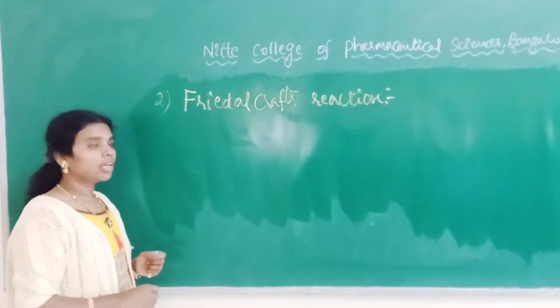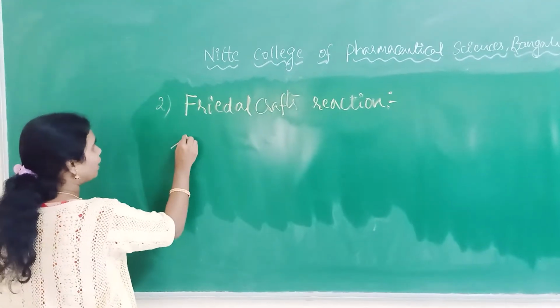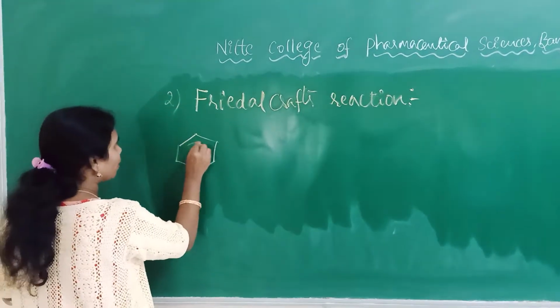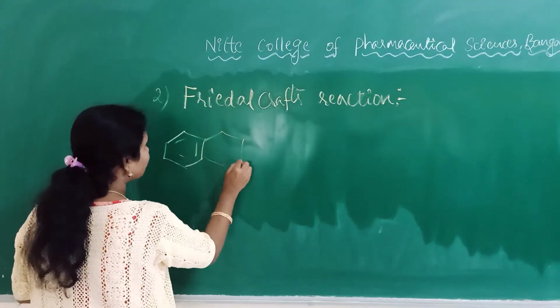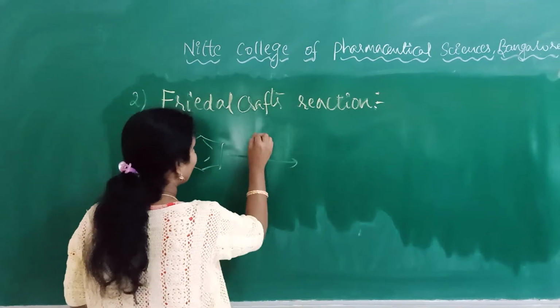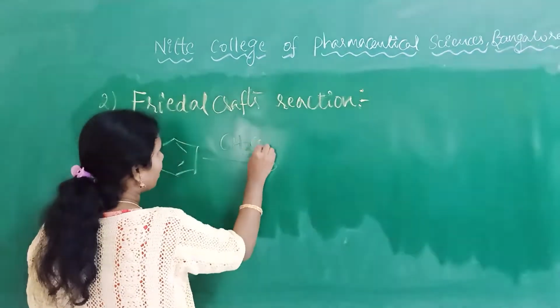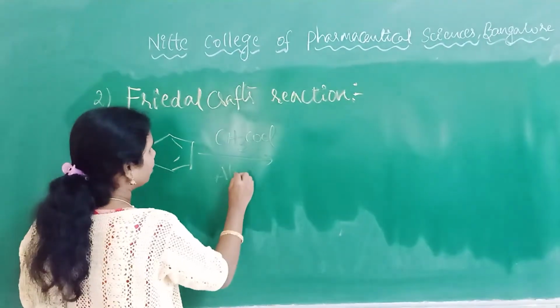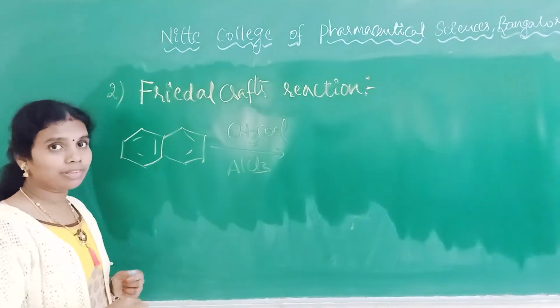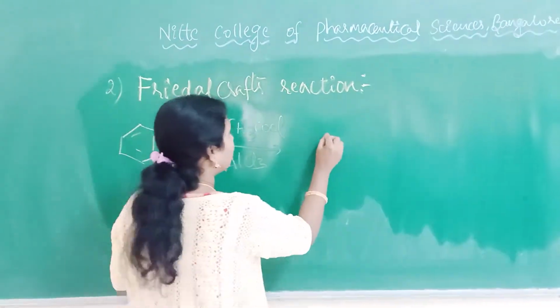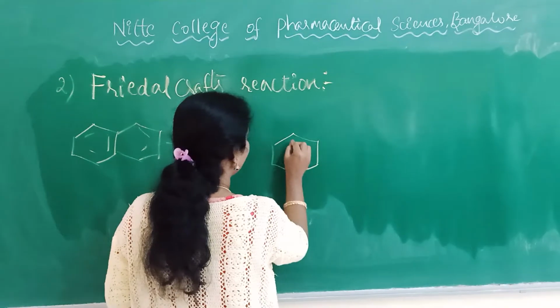Now the second reaction is the Friedel-Crafts reaction. Naphthalene undergoes Friedel-Crafts reaction in the presence of acetyl chloride and aluminium trichloride, which acts as the Lewis acid here. It gives two products.